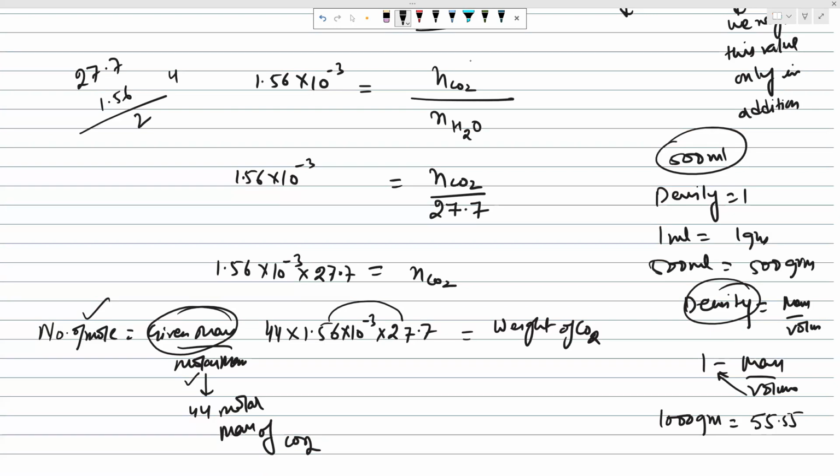4 carry. Then 6 sevens are 42 and 4, 46. 4 carry again. 6 twos are 12, 12 and 4, 16. Then 5 sevens are 35 and 3 carry. And 5 sevens are 35 and 3, 38. Again 3 carry. Then 5 twos are 10 and 3, 13.